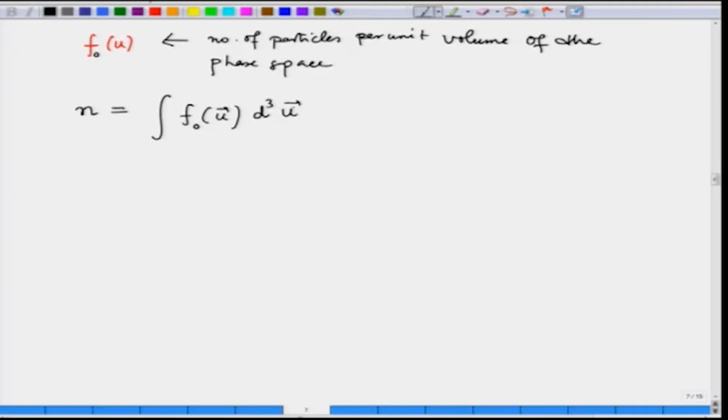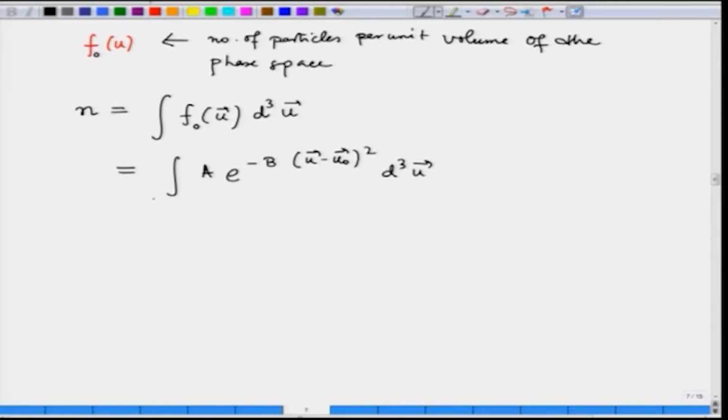We have found that f0 has the form A e to the power minus b (u minus u0) whole square d cube u.